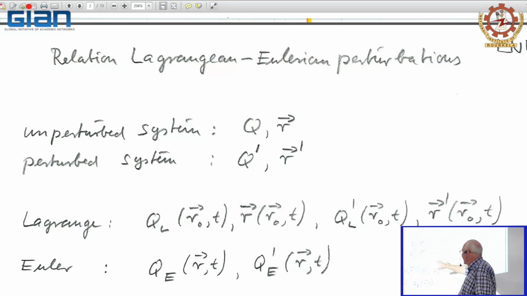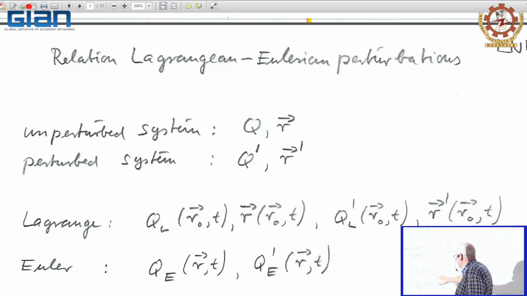And we have, of course, in the Eulerian sense, we will not perturb the coordinate, the position vector r, but in the Lagrangian sense, of course, we will perturb the position of our mass element, which comes from the original position r0.